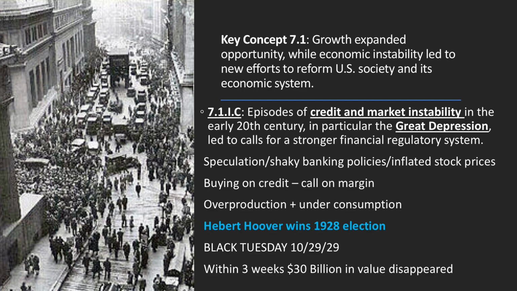A few years later, 22 years later actually, there will be this massive Great Depression. That's only going to fuel individuals, especially liberal progressives, to want to see even more financial regulatory systems when it comes to banking.